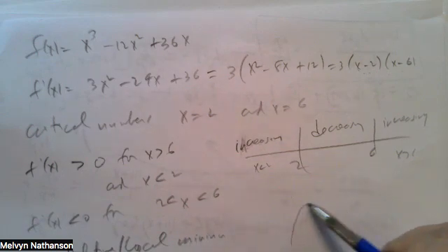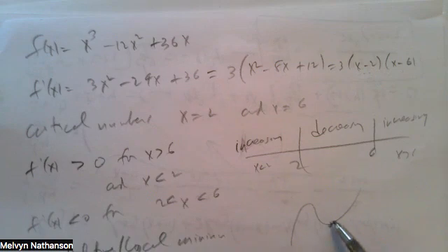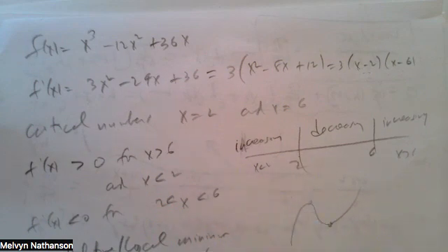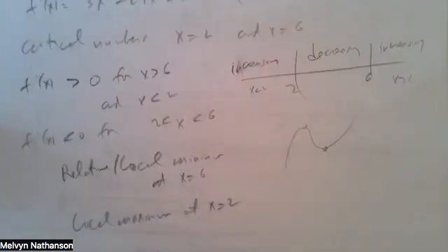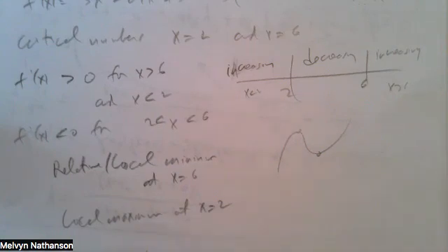See, the function is going up, down, and then up. So you have a local minimum at x equals 6, and at x equal 2, you have a local maximum. So here we have the open intervals where the function is increasing and decreasing, and we have the relative extrema.